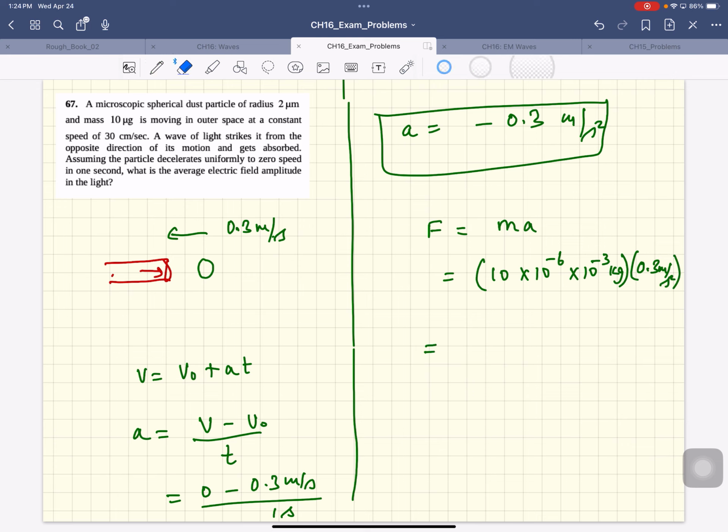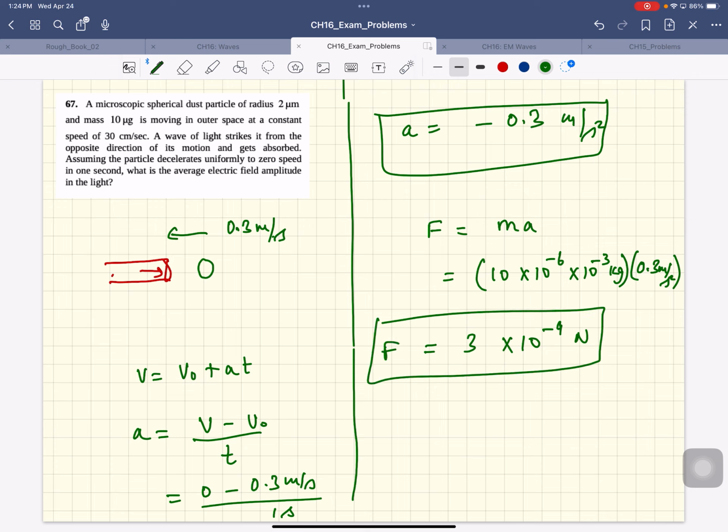So 3 × 10^-9 newtons is the force you need to apply to stop that particle in 1 second. And how are you going to apply that force? You're going to use a light beam. So force is pressure times area that the light beam applies.